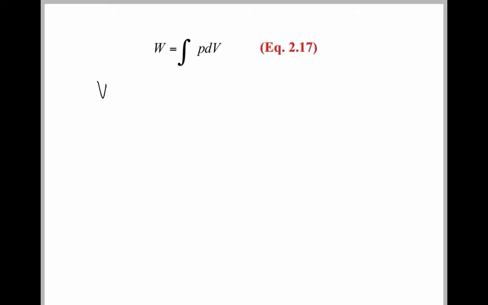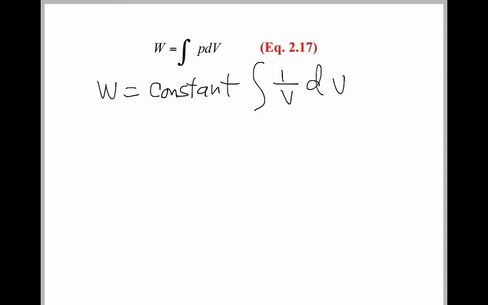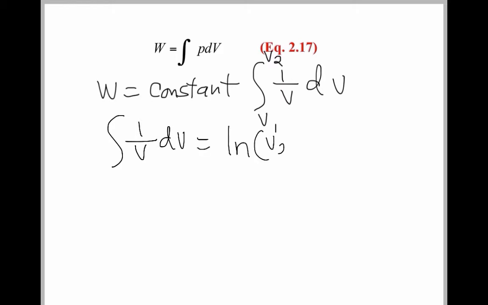So now I have that the work is equal to the constant times the integral of 1 over V dV going from some state V1 to another state V2. The integral of 1 over V dV is equal to the log of V2 divided by V1.